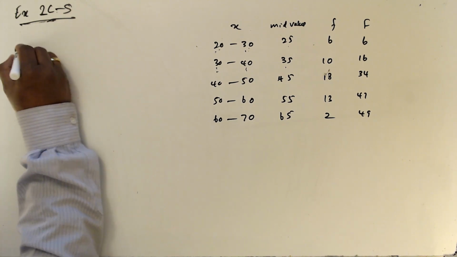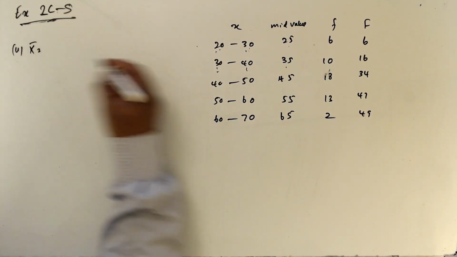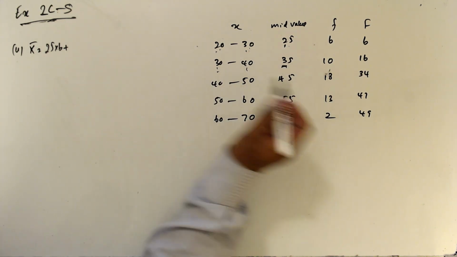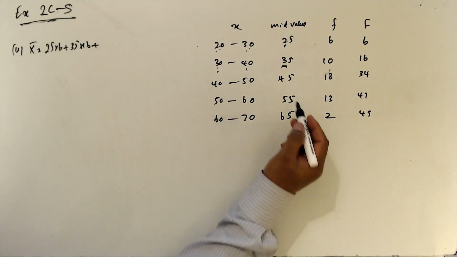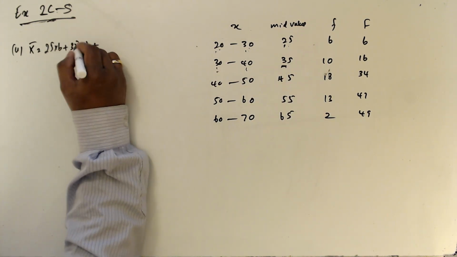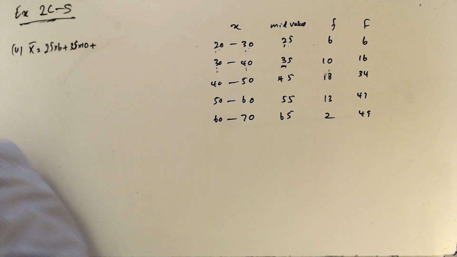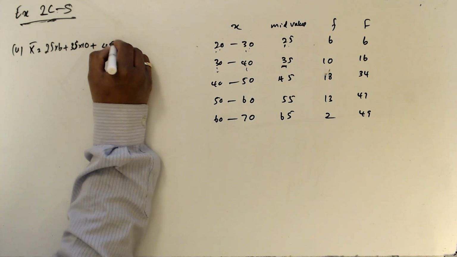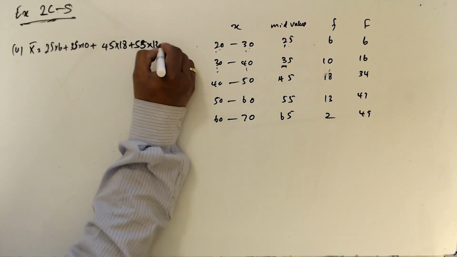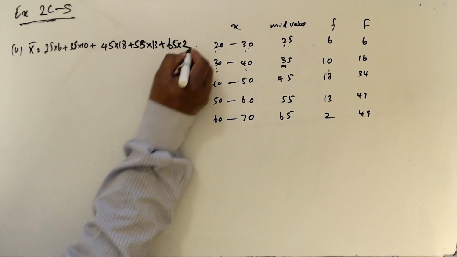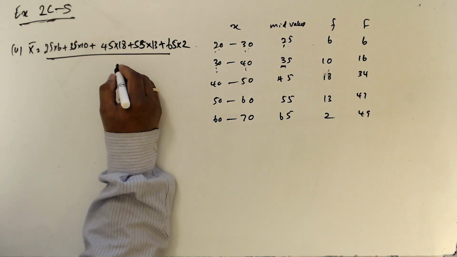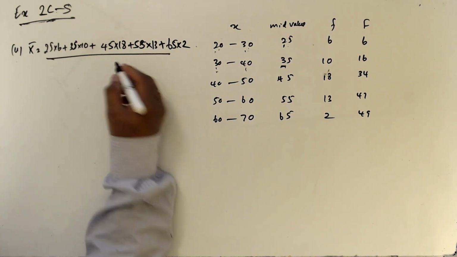So question A: x bar is 25 times 6 plus 35 times 10, sorry, this is 35 times 10, plus 45 times 18, plus 55 times 13 and 65 times 2, divided by the total number of customers, so it is 49.